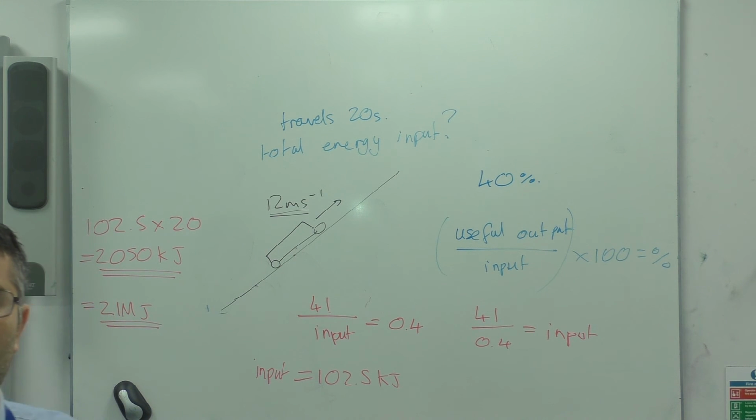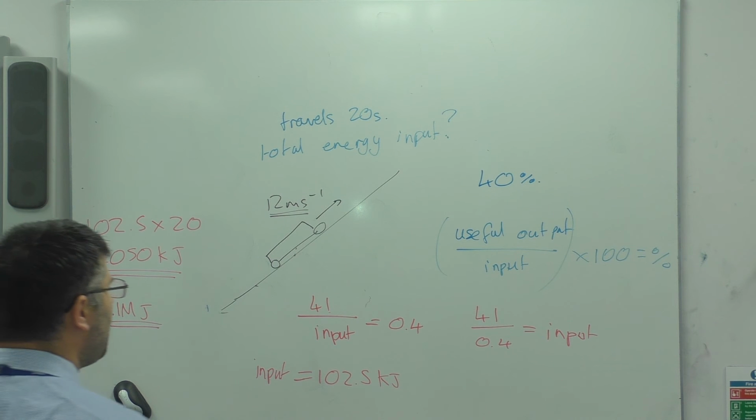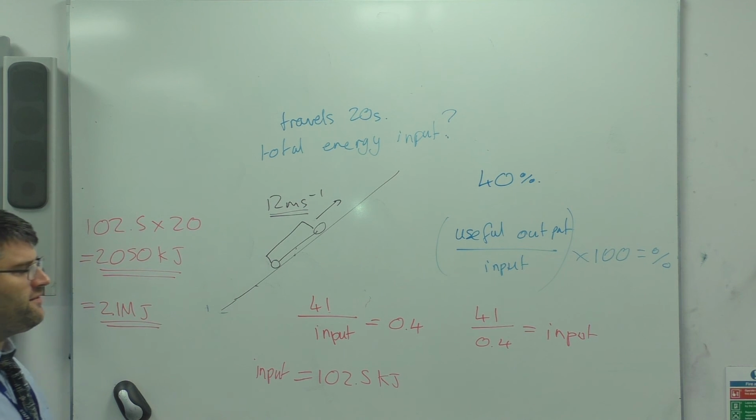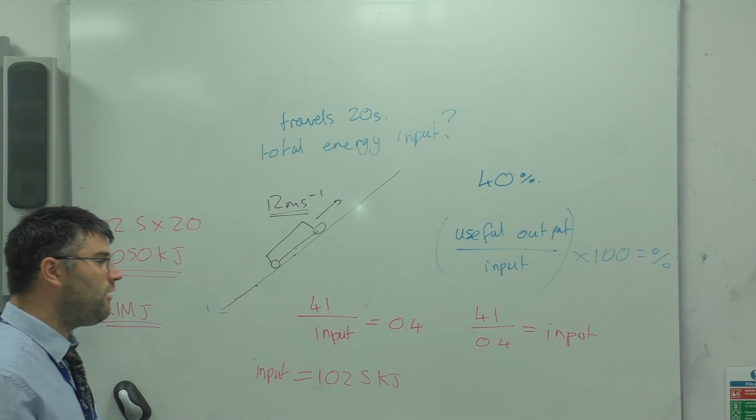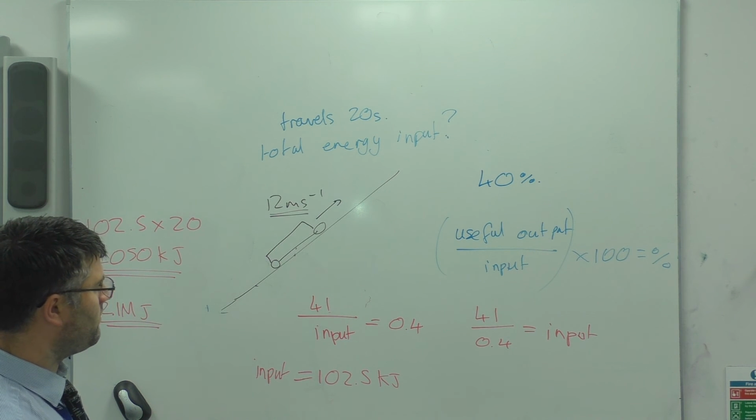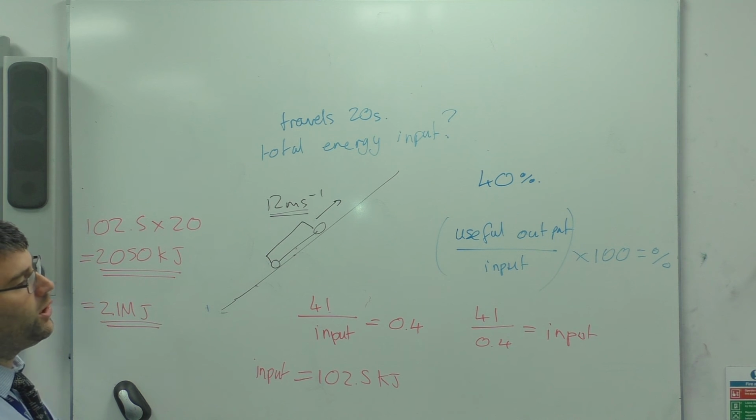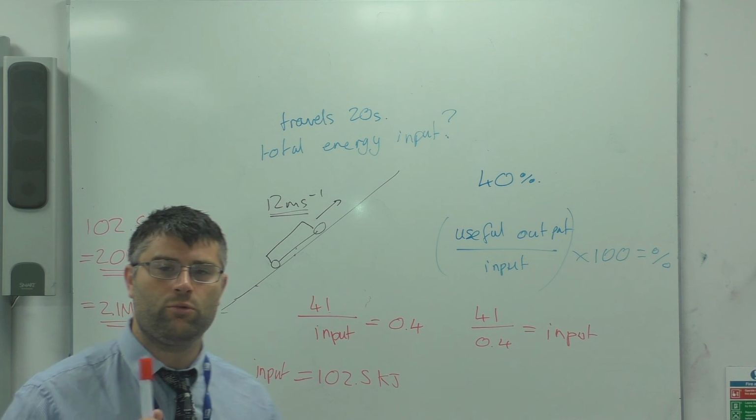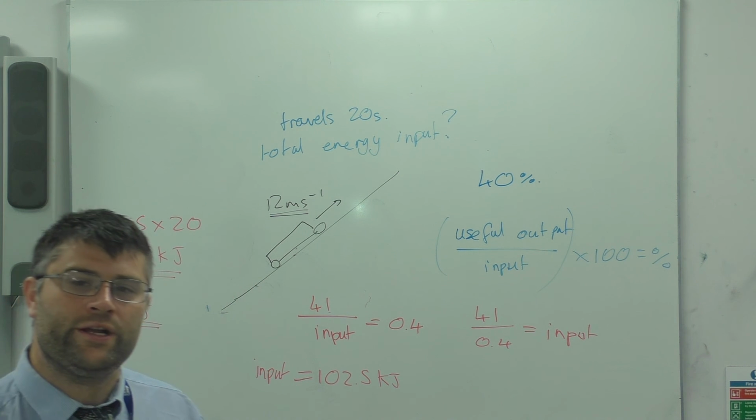Okay, so that's how we utilize our efficiency equation. We've used it in terms of the previous video's power developed question to allow us to work out total energy input over an amount of time. One of the key things to watch out for here is the wording of questions.